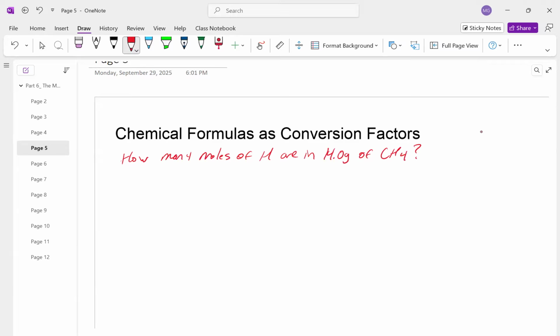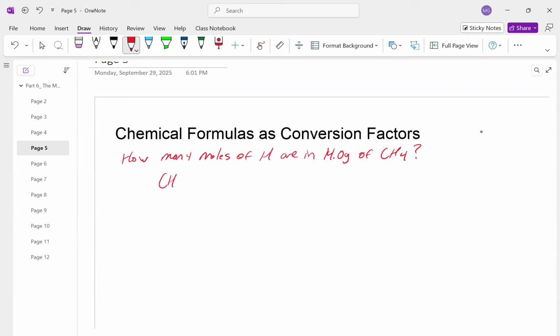Now, before I get into this, let's really break down what CH4 means. If I were to ask you, if you had one molecule of CH4, how many atoms of carbon and how many atoms of hydrogen would you have?